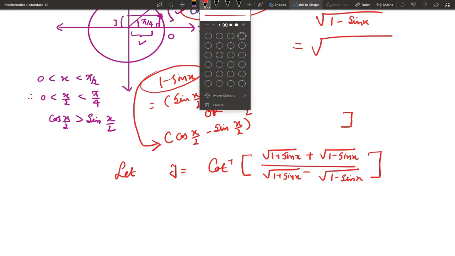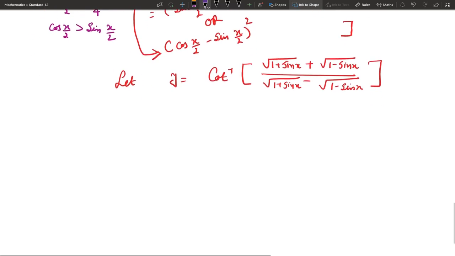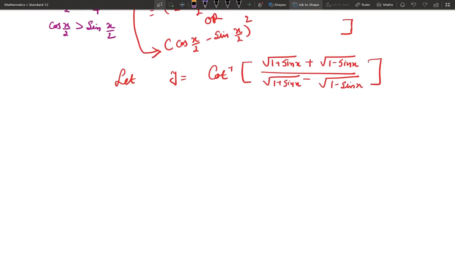Now there is no derivative at present. It is simply use of results of inverse trigonometric function. Actually it is a pure example of inverse trigonometric function.